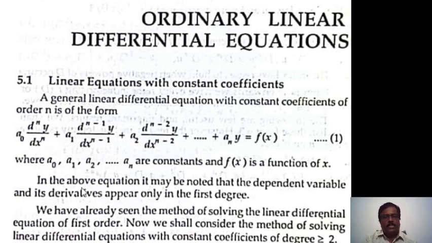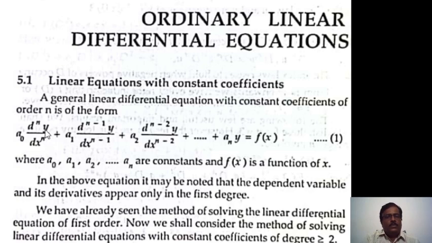Why is it called a linear differential equation? Here both the dependent variable and its derivatives matter. What is the dependent variable? The dependent variable is y, and its derivative means dy by dx.